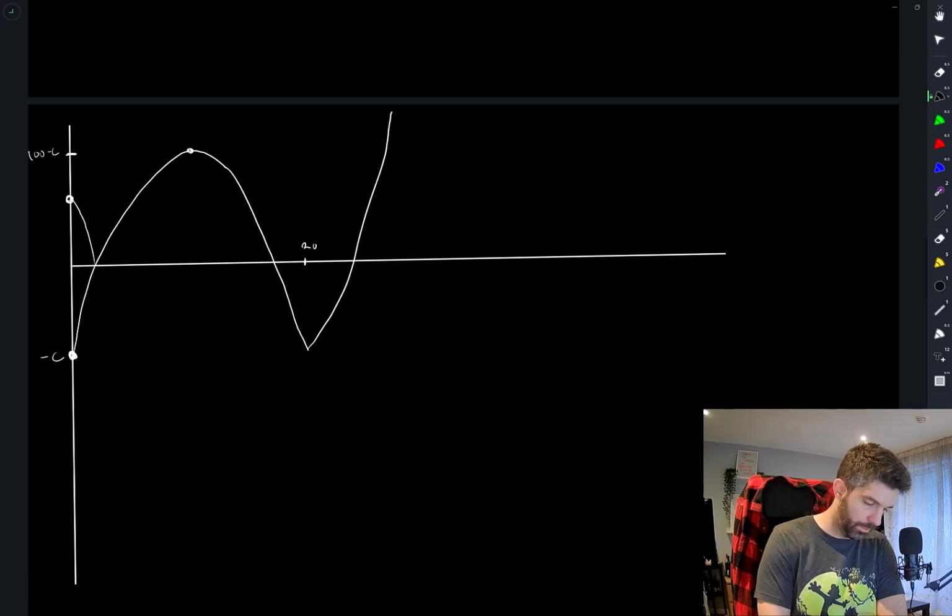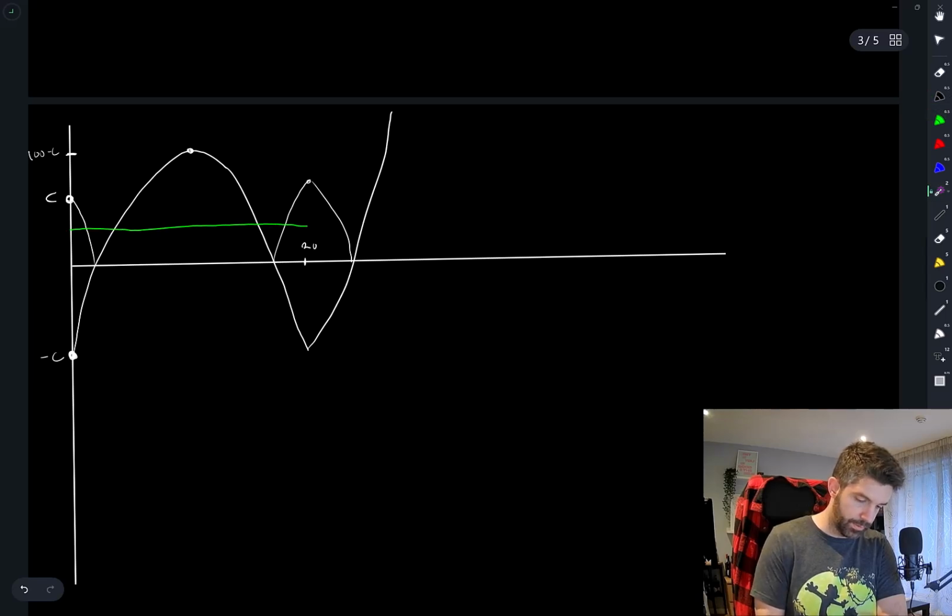So this will be at positive c. And these 2 values will be there like that. And if I draw a horizontal line at 21, you can see that there are going to be some values of c for which I get 6 solutions.